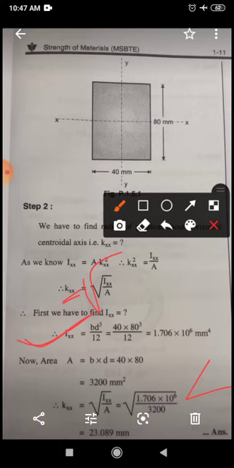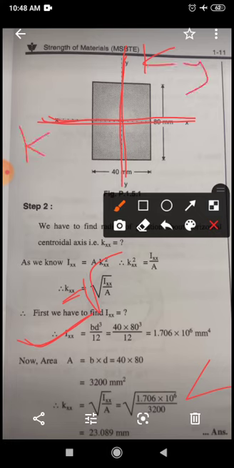Keep in mind one thing carefully: the moment of inertia for this axis is different, so it has its own radius of gyration, and the moment of inertia for the y-axis is also different, so it has a different radius of gyration. As the axis of rotation changes, the radius of gyration will also change.